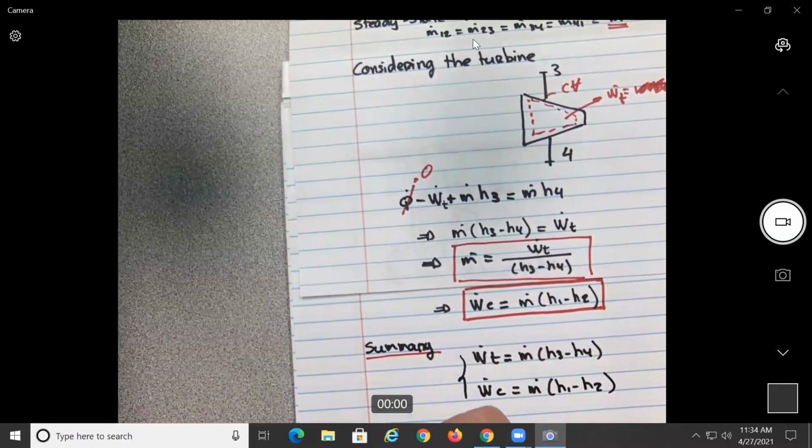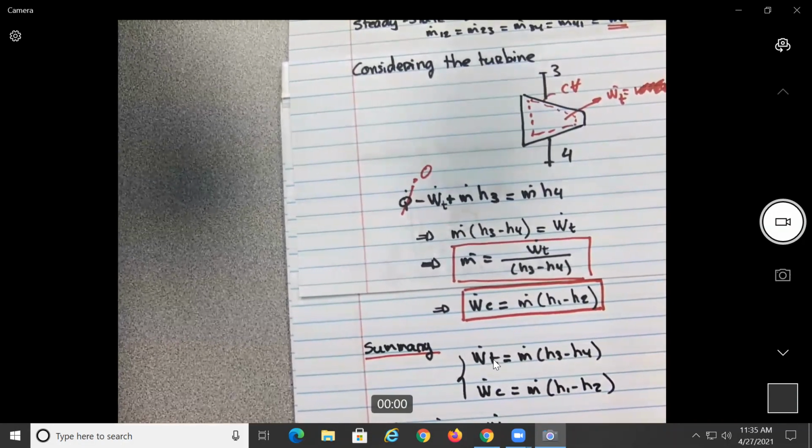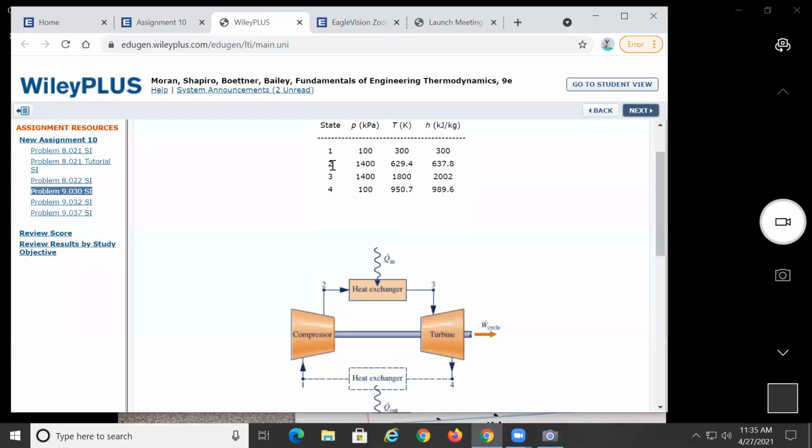So what do we know? That the total power is equal to the power generated, so this value should be positive, plus, I'm pretty sure this value will be negative. Check, is H2 higher than H1 on the table? Yes. So H2 is higher than H1, so this value should be negative, no?